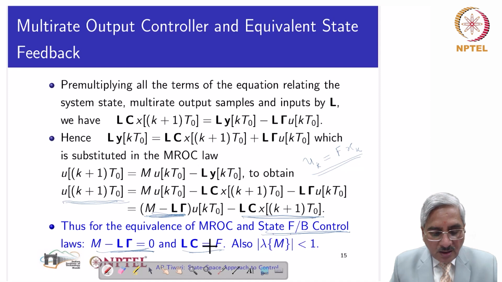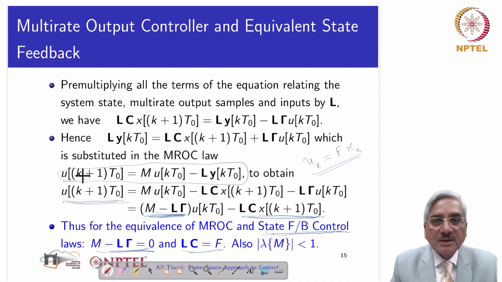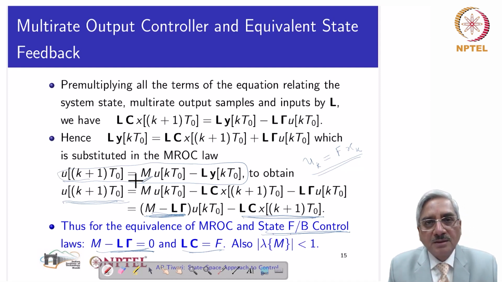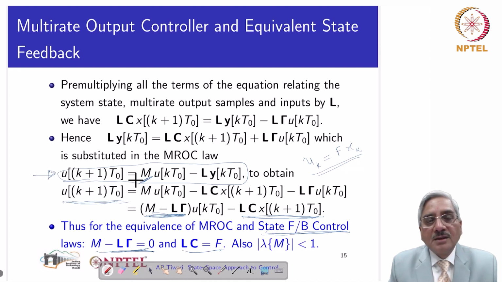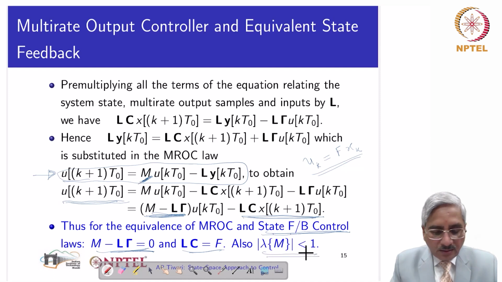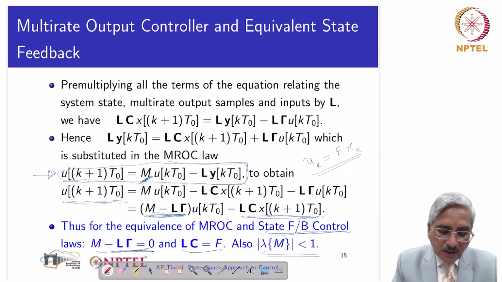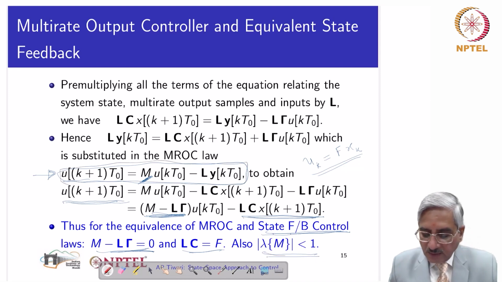Of course, if we look at this, this is a dynamical equation with M as the system matrix. So in order that this controller works satisfactorily, M must be such that its eigenvalues must be within the unit circle. This system must be stable, and for that the eigenvalues of M must be within the unit circle.